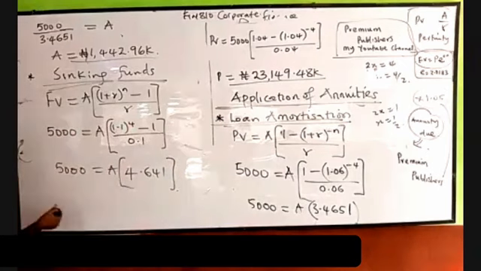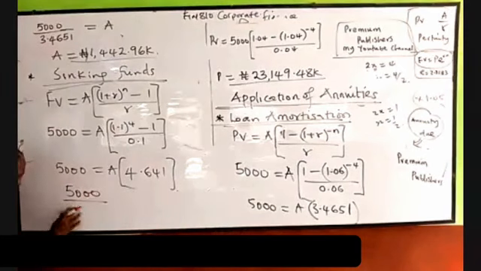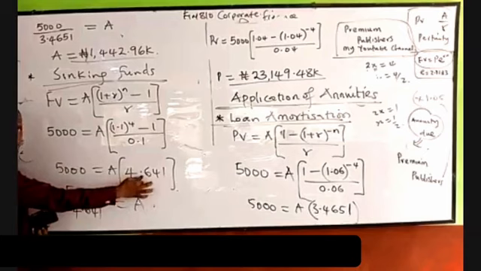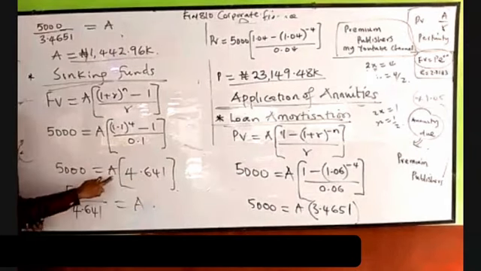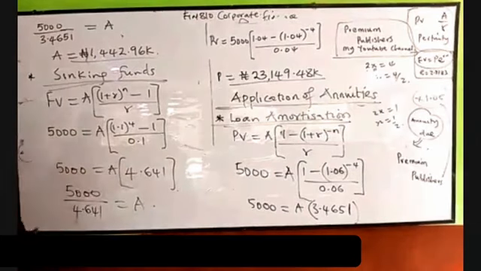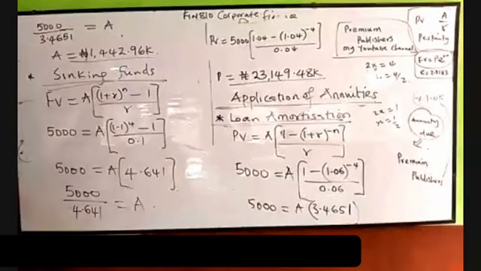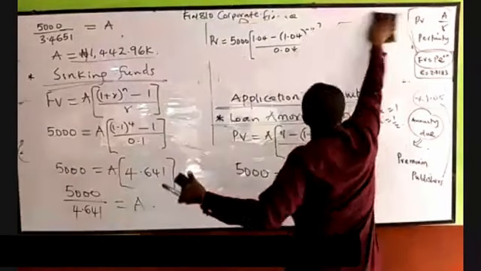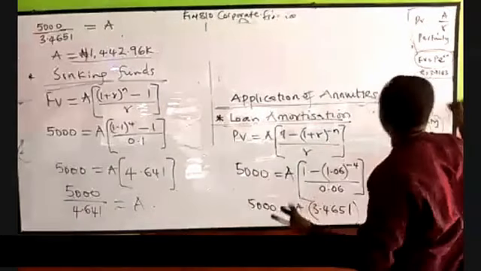We'll show it. So here will be 5,000, equal to the coefficient of A times A. We divide both sides by the coefficient. The one that has the alphabet will always be our denominator. We'll have it like this.